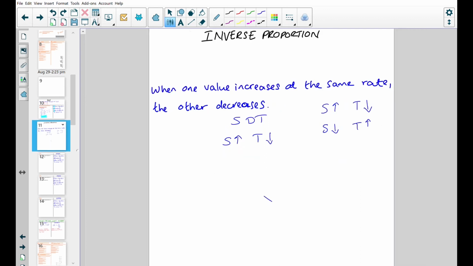Next part, how do we express this mathematically? The way we write that for inverse proportionality, watch this very carefully, is speed is inversely proportional to time. This is read as speed is inversely proportional to time.